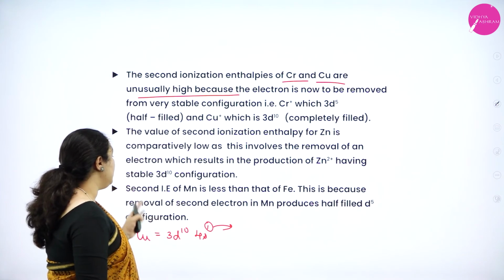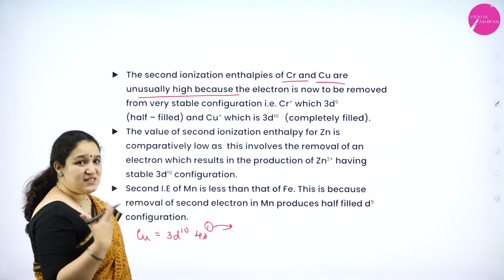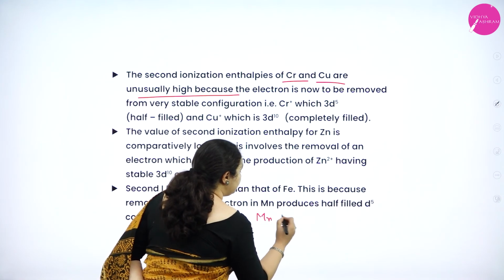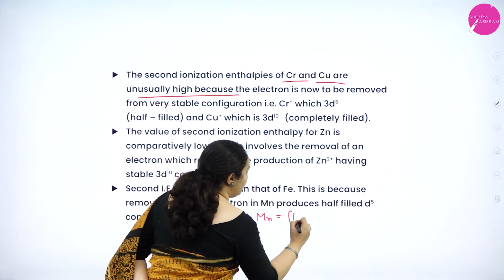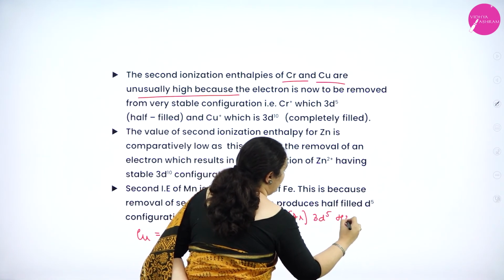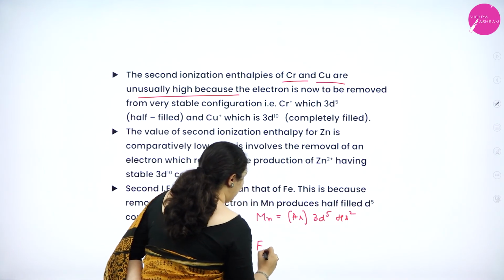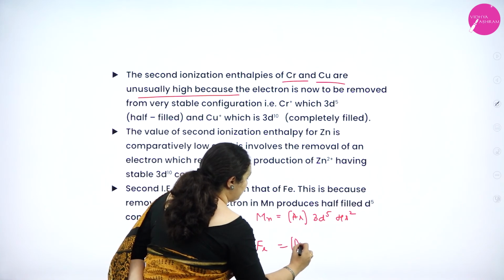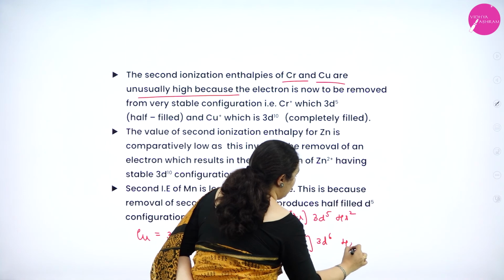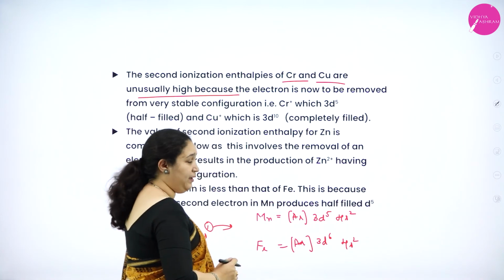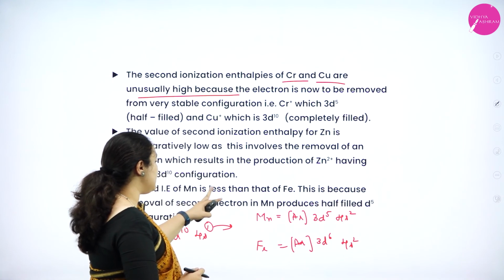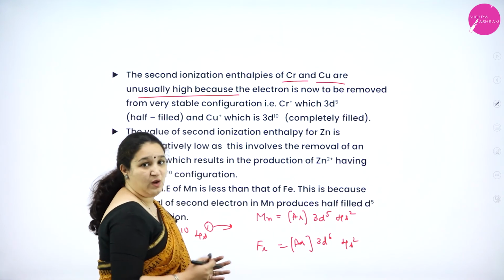This is because, if I compare manganese and iron, manganese has the electronic configuration of argon 3d5 4s2 and iron has 3d6 4s2. So, the second ionization enthalpy of manganese is less than that of iron. Why?